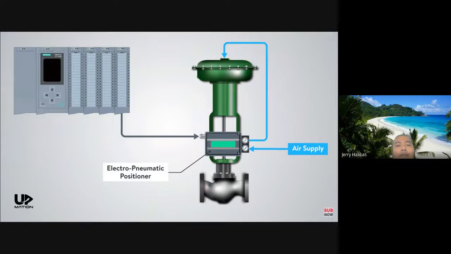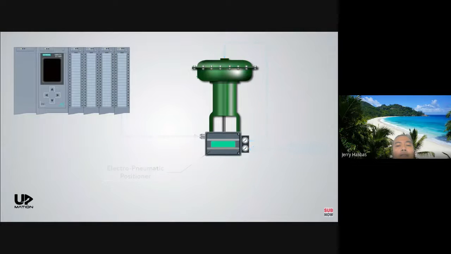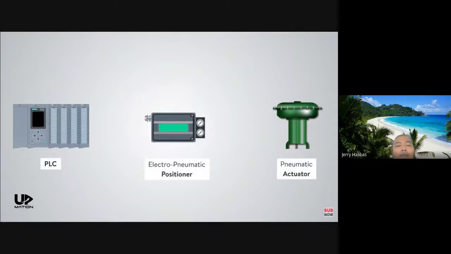Don't worry about the names at the moment. In this case, the positioner plays the role of a translator and converts the PLC language to the actuator language. It means that the positioner will convert the 4 to 20 mA signal to an air pressure signal.